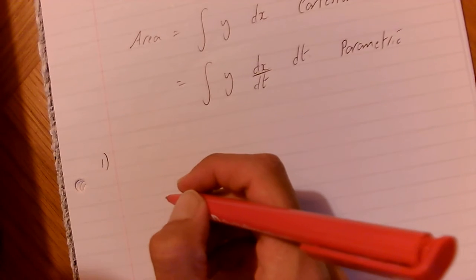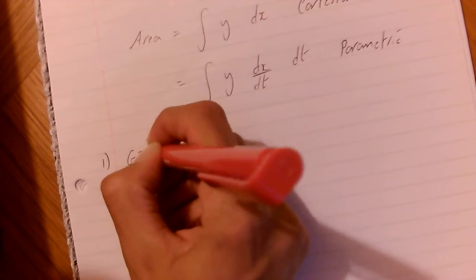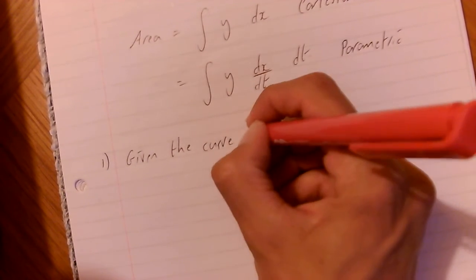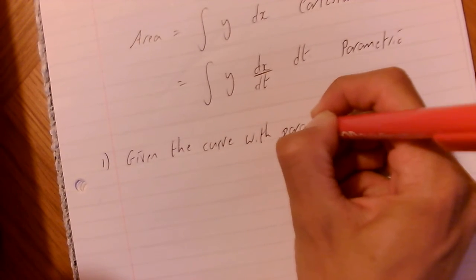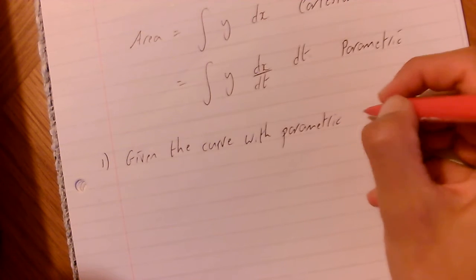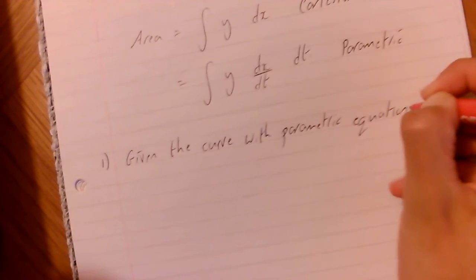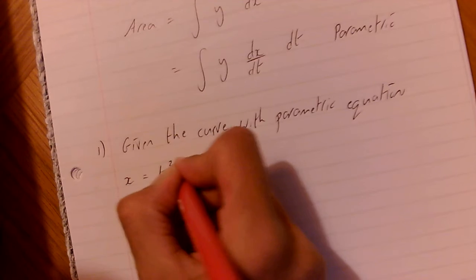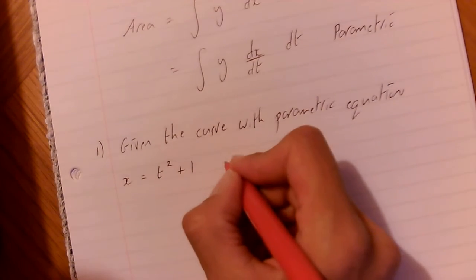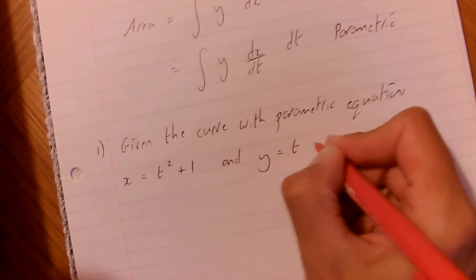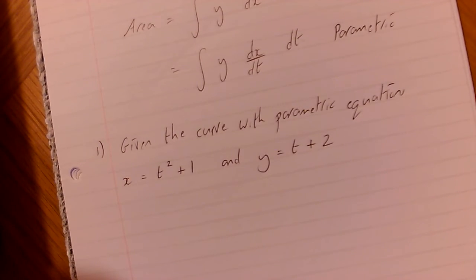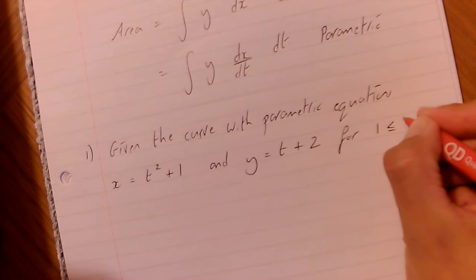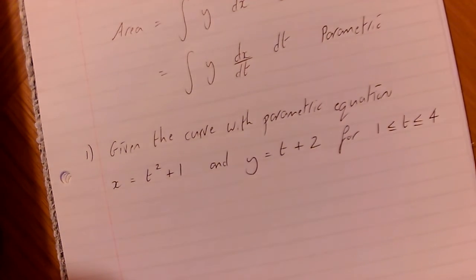So starting off, given the curve with parametric equations of x equals t squared plus 1 and y equals t add 2, we're going to do it for the limits of t between and equal to 1 and 4.